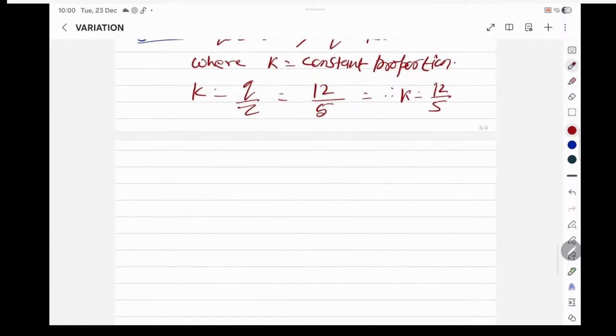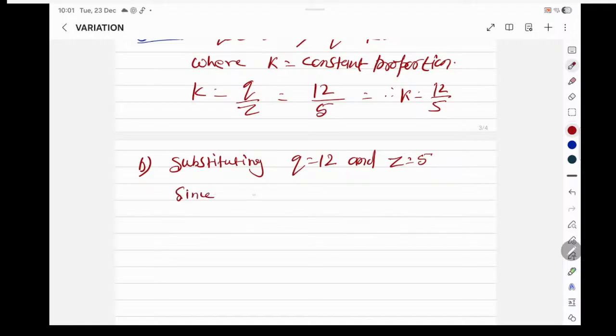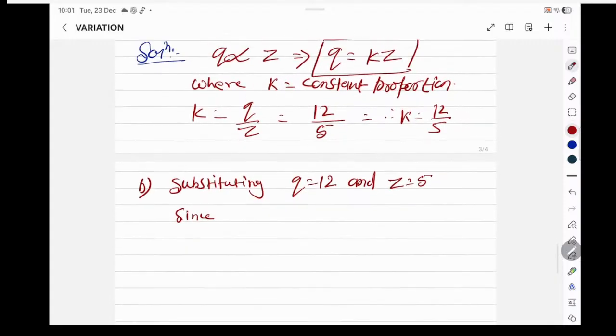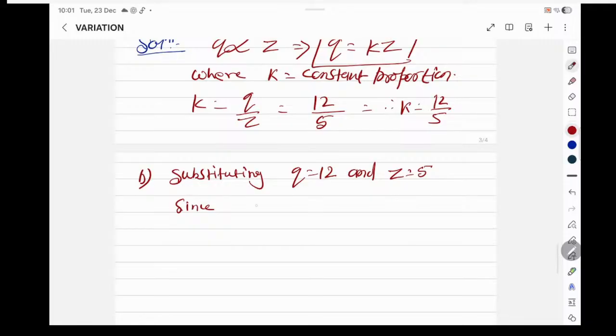Now for the second part, substituting q is equal to 12 and g is equal to 5, right? Since the function is given, q is equal to k times g, so k is equal to 12 over 5.